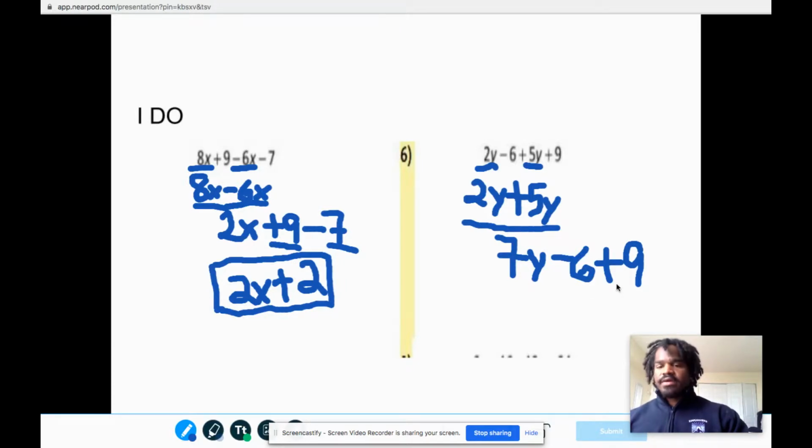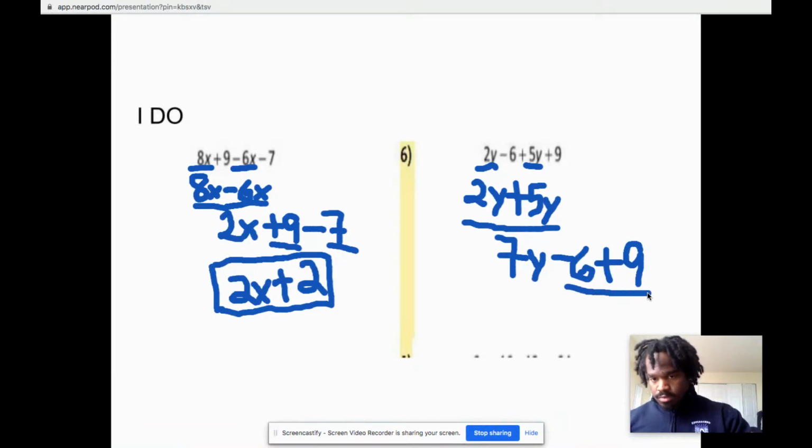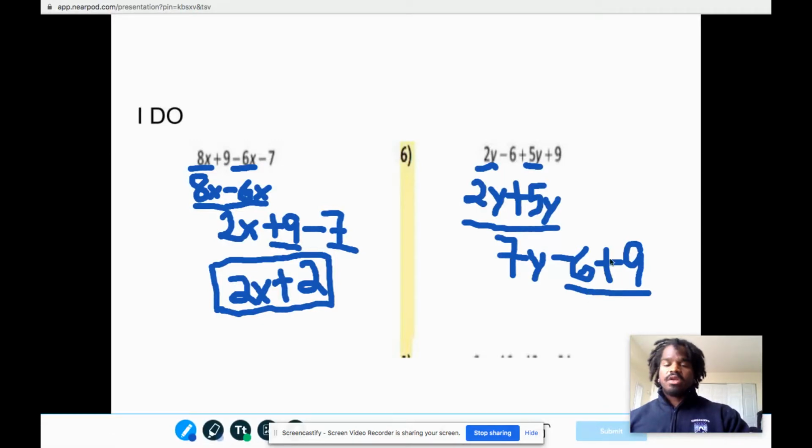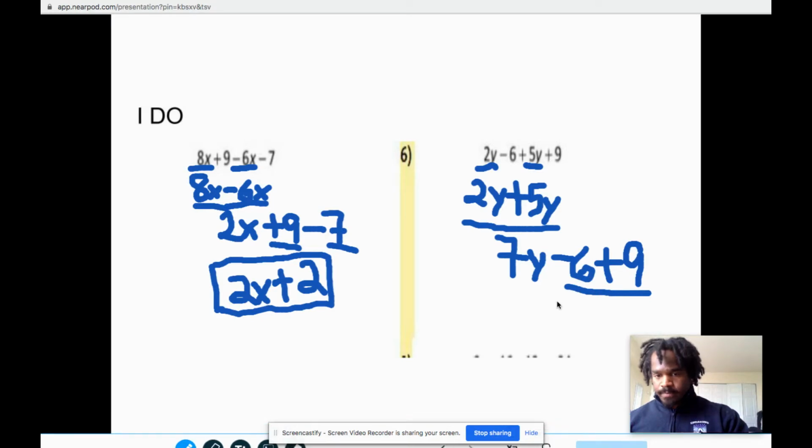We can either think of it as negative 6 plus 9, which is going to give us a positive 3. Or we can think of it as 9 minus 6. We can rearrange the order. So that's going to give us, either way, the same answer, which is plus 3.